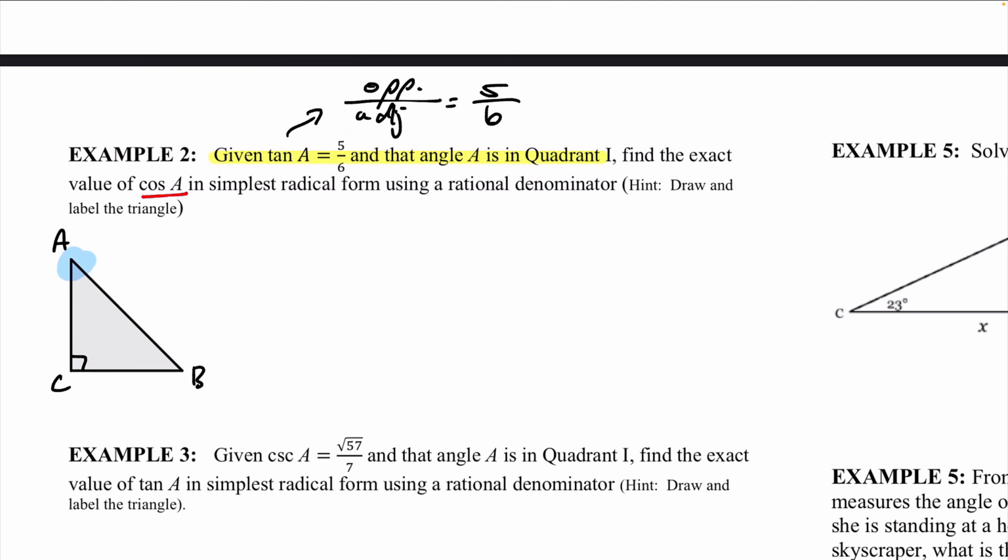So if I'm at A, which one is opposite? Is it A to B, B to C, or A to C? B to C, right? This is the opposite. B to C is the opposite. So they said, hey, that's 5. So I'm going to put 5 here. And then they said, hey, 6 is your adjacent.